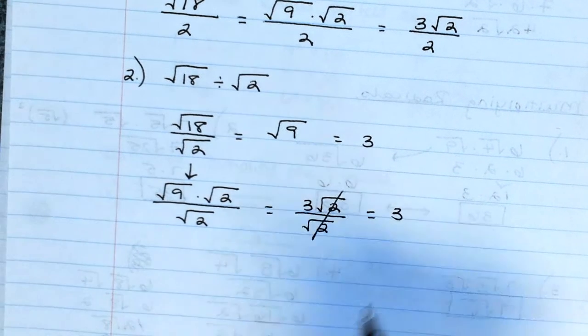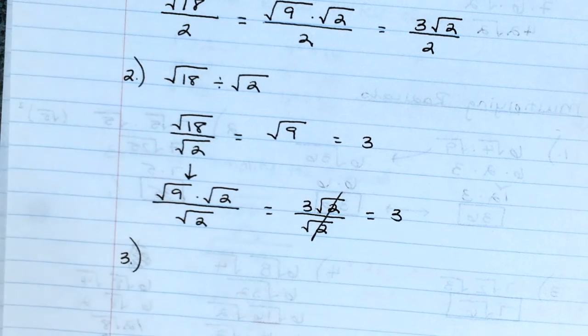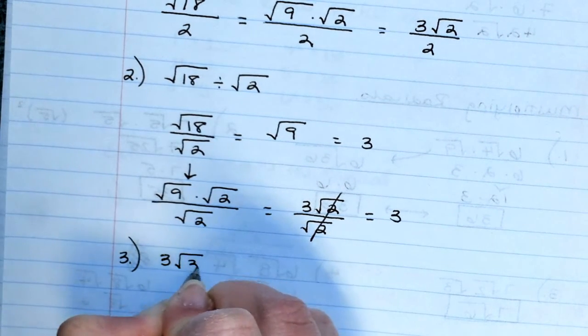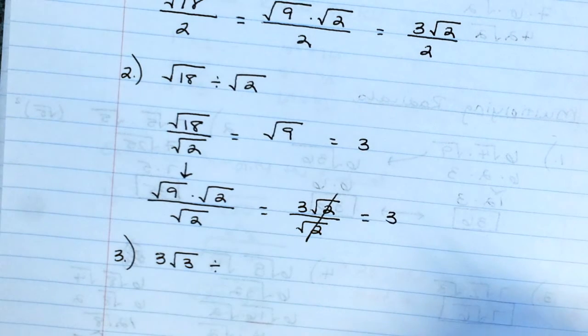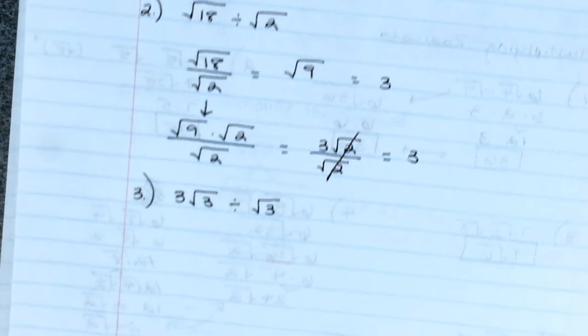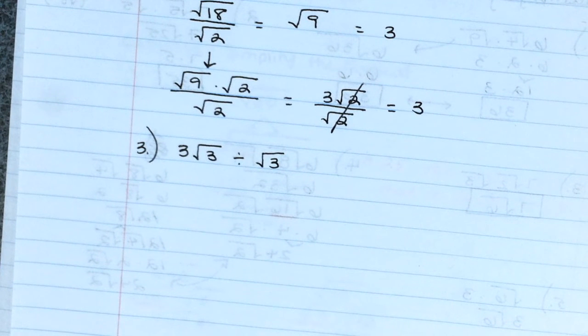All right, so the next one, number 3. 3 square roots of 3 divided by the square root of 3. What's the first thing I'm going to do when I see this division problem? Write it as a fraction.